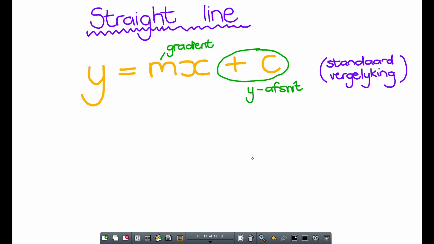Okay, goed. Nou, as ek vir jou 'n vergelyking gee, and I want you to go and draw that graph, and this is also, you did this in grade 9, nee? We've got to look for two things. So kyk, skryf daar vir jou, as jy 'n grafiek moet teken, if you've got to draw a graph.